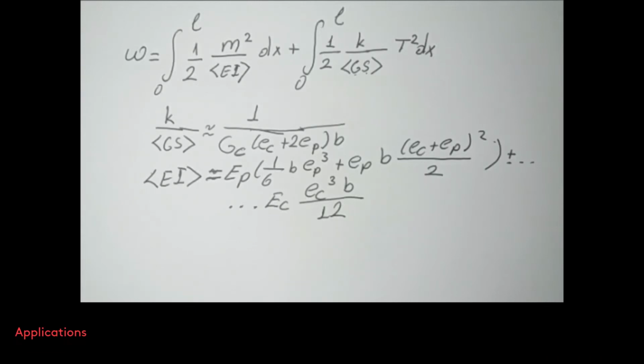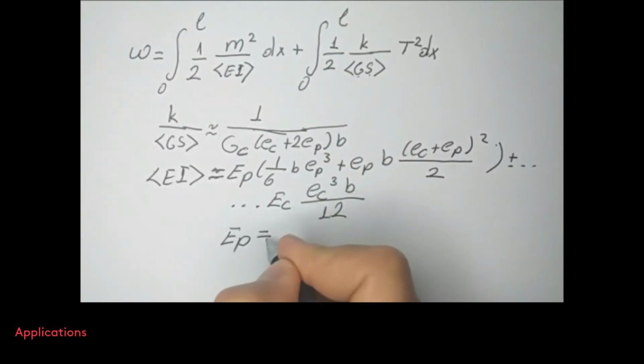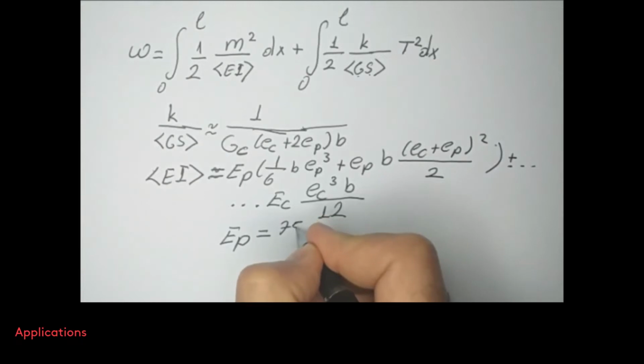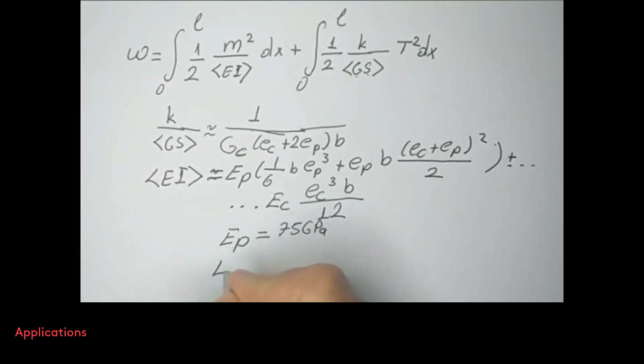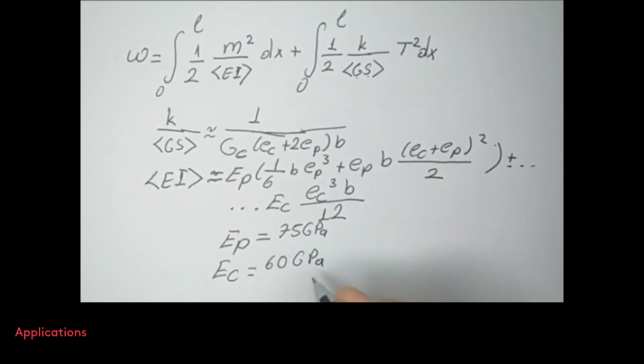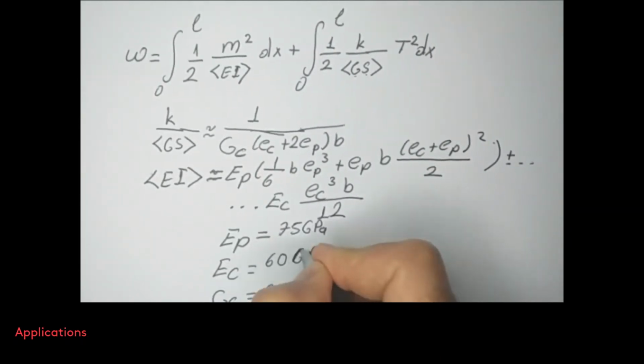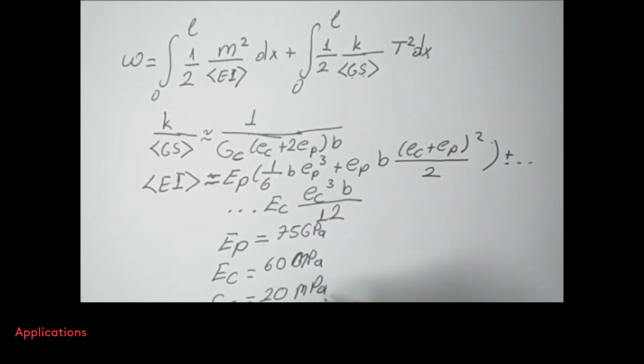Okay, now remember that EP is equal to 75 gigapascals. Core material has a Young modulus of 60 gigapascals. GC is equal to, sorry, this is megapascal, 20 megapascal, so more or less 1000 times lower stiffness, right?